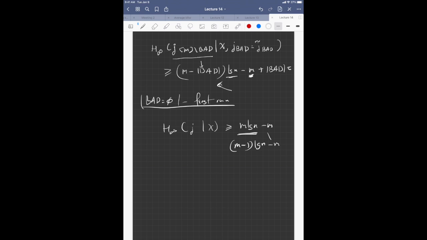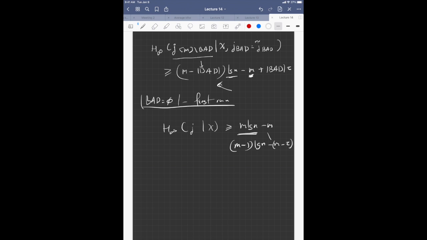So the remaining information in rows 2 to m should not be minus m, but it should be minus m plus tau. So when bad equals 1, we want this to be minus m plus tau. When bad equals 2, we would say minus m plus 2 tau. So for every bad row that we identify, we account for tau bits.